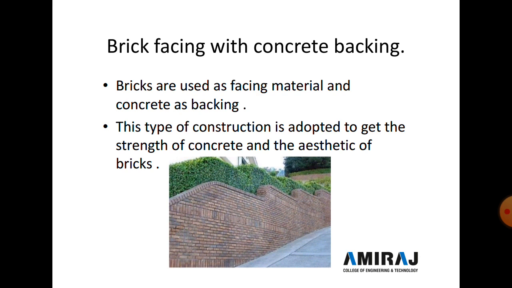So it's a composite masonry. From the front side when we see the brickwork, we don't know it's composite masonry, and we think it's a brick wall, but it is actually a brick facing with a concrete backing wall.